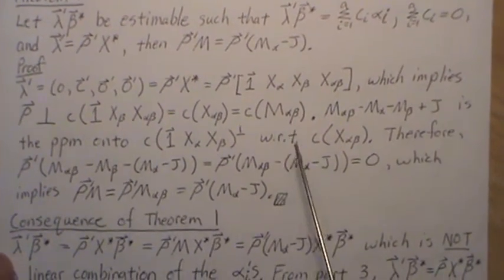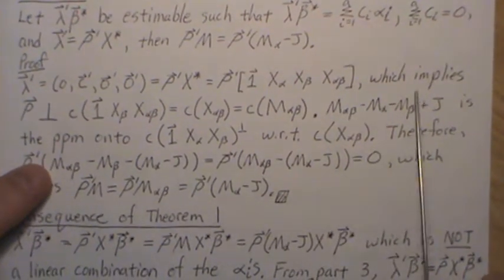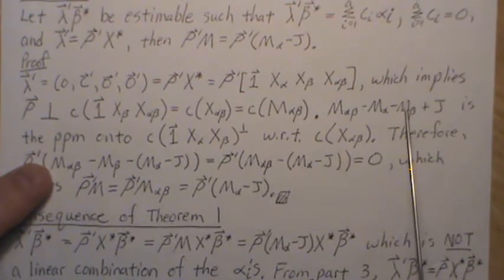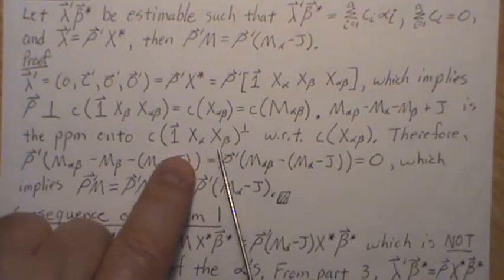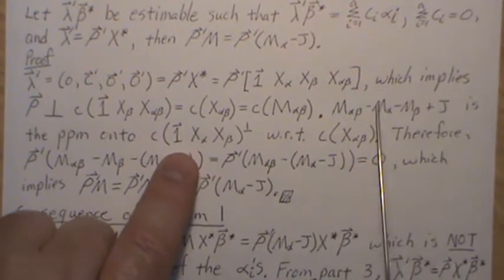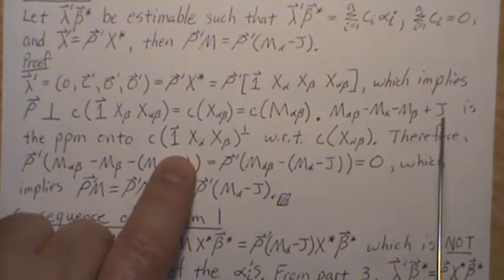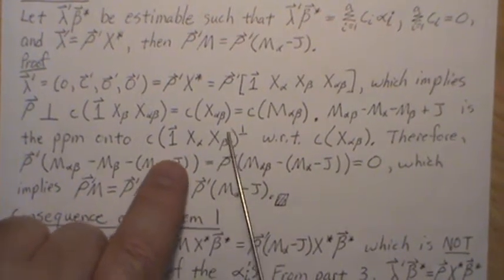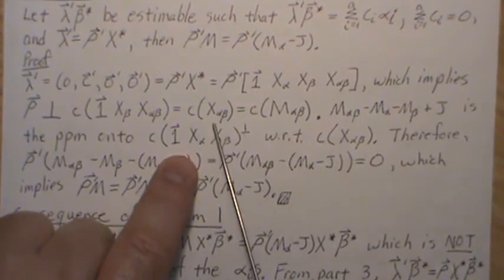Now notice that M alpha beta minus this is a perpendicular projection matrix onto the orthogonal complement space of this. Because this matrix, M alpha plus M beta minus J, is the perpendicular projection matrix onto this column space.